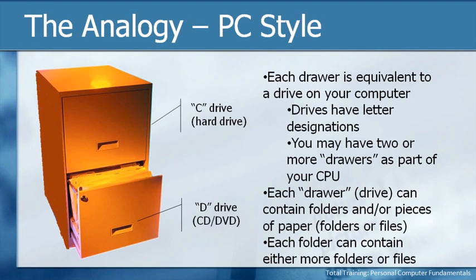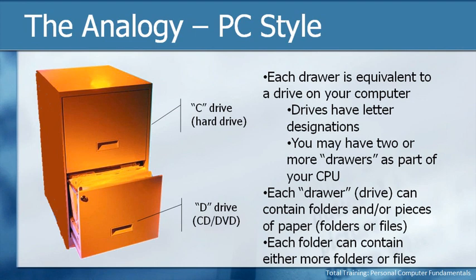So again, think back to the filing cabinet. You open a drawer, and in this case, you're opening your C drawer, which is your hard drive on your computer. Inside the physical filing cabinet drawer, you can have a whole collection of manila file folders. Inside of a manila file folder, you usually have one or more pieces of paper. But you also can have an accordion file in your drawer.